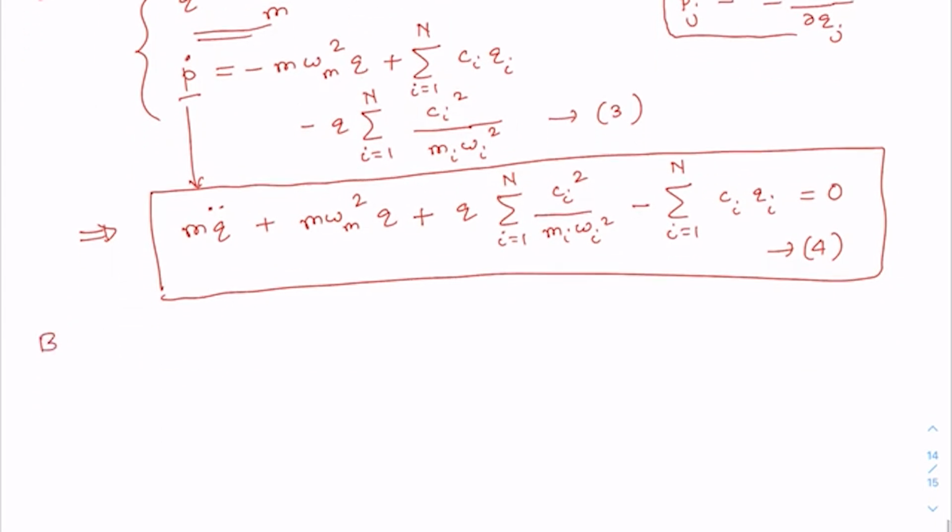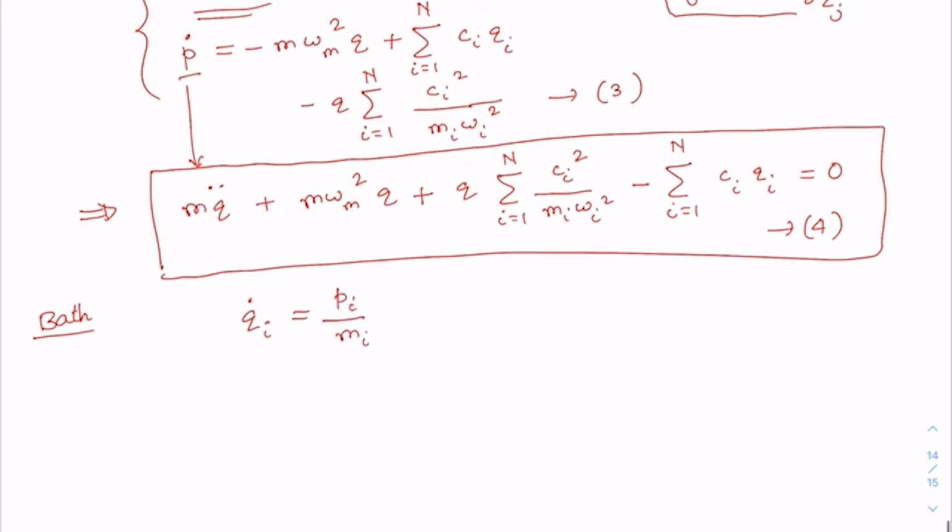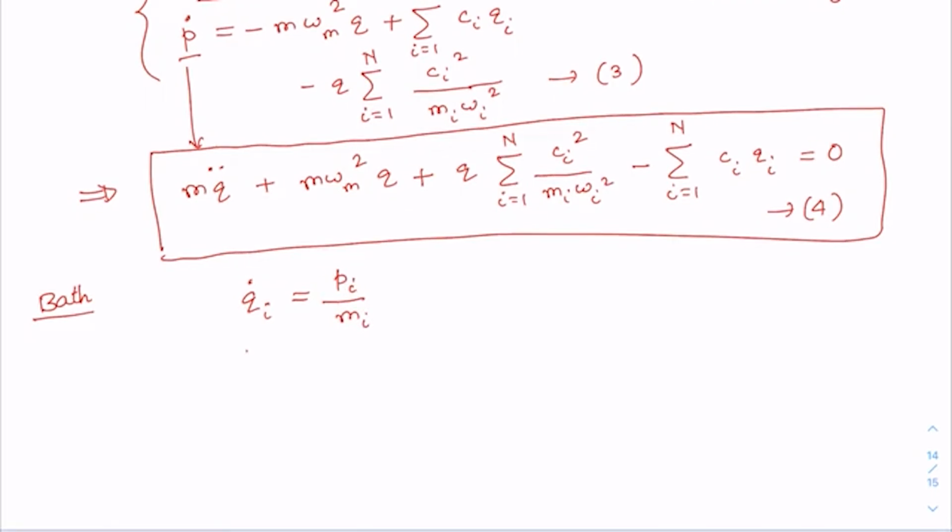And for the bath I have the equations: qi dot is equal to pi by mi, yes, and then we have pi dot is equal to minus mi omega_i square qi plus ci q. Let us say this is my equation number 5, this is my equation number 6. So these are for the bath variables.